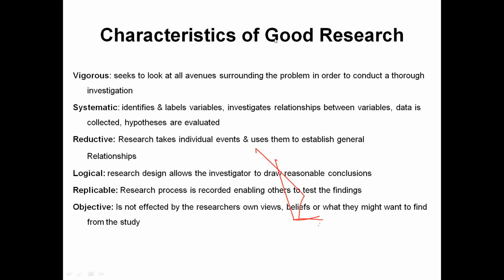Second one is it should be systematic. Third one is it should be reductive. Fourth one, it should be logical. Fifth one, it should be replicable. Sixth one, it should have objective. These are the 6 important characteristics of a good research.